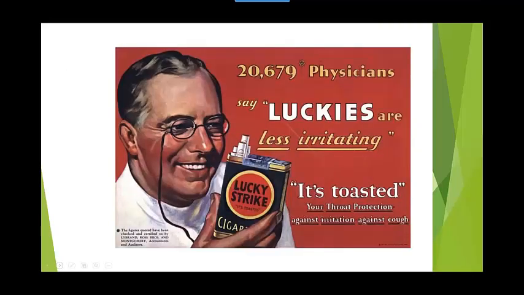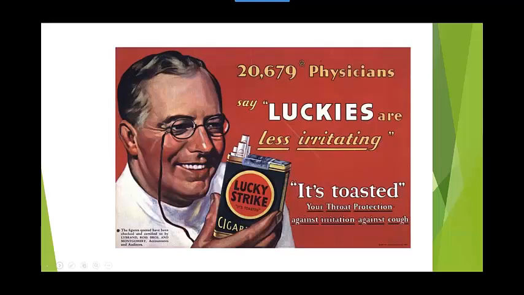So here's a classic example. This is an old ad of physicians recommending cigarettes. Physicians are doctors. They are people in medical authority. And yet, here's this ad saying that doctors think that cigarettes are great for you, which is obviously not what people really believe today.